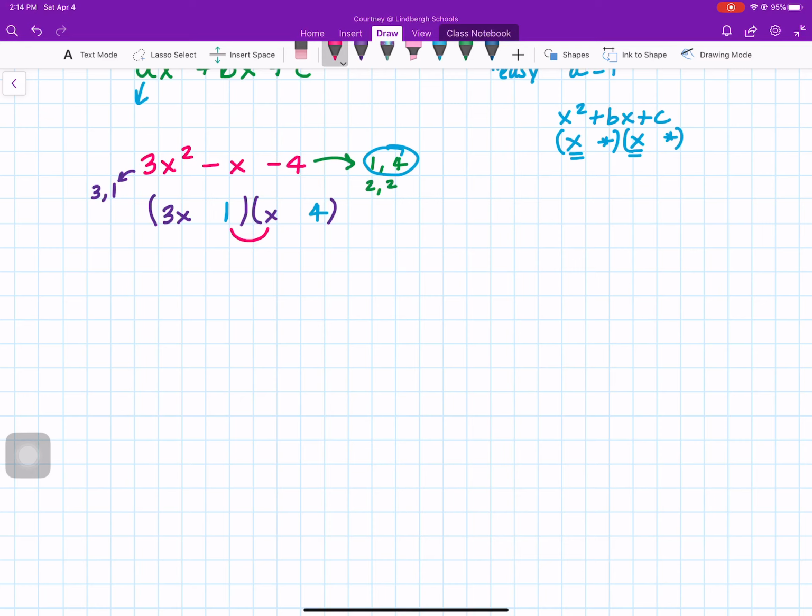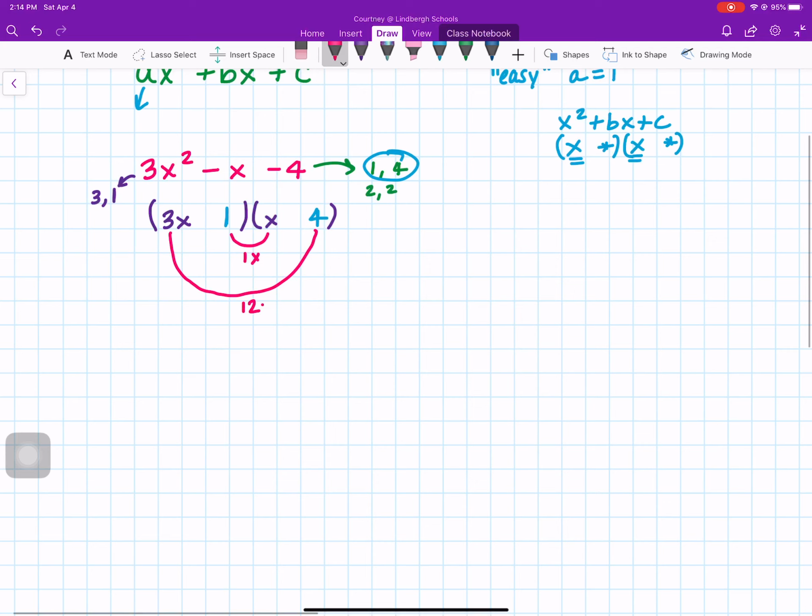So you find your inner terms, 1 times x, which is 1x, and then 3 times 4, which is 12x. Now you have to think, will 12x and 1x in any way, shape, or form give you negative x? And it does not. There's no way by adding or subtracting that 12 and 1 will give you 1. So these numbers are wrong.